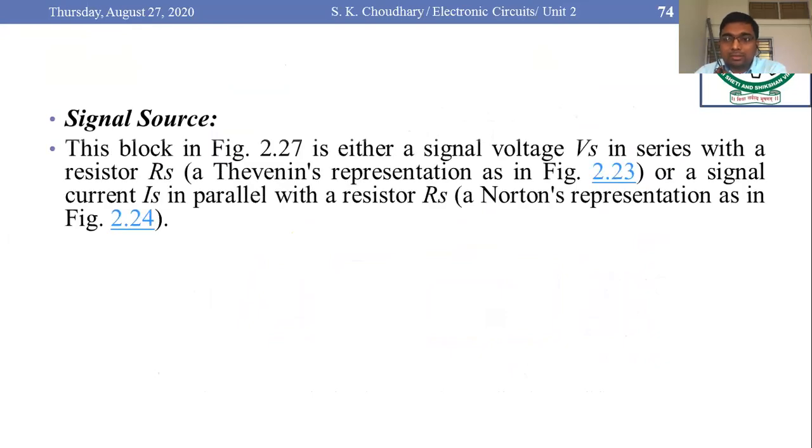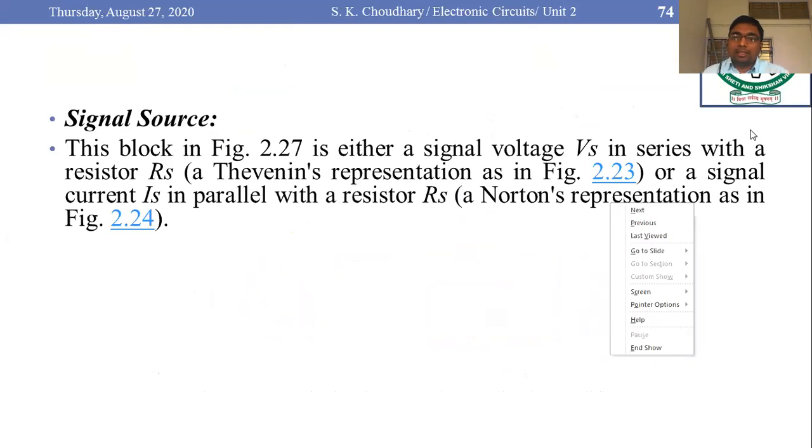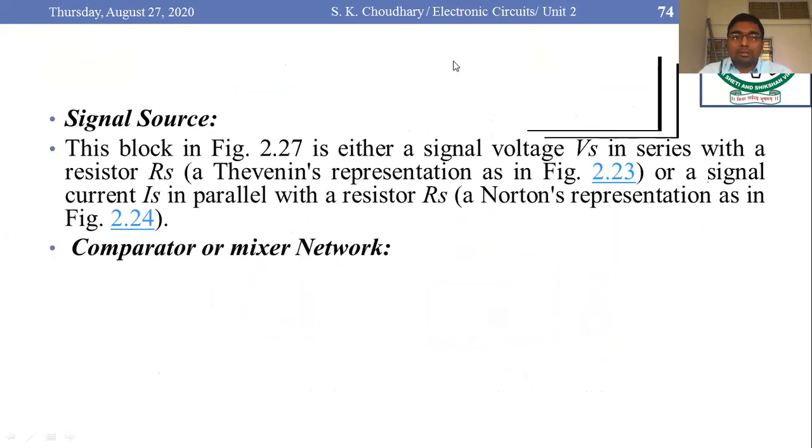First is the signal source. So what is actually used as a signal source in the feedback network? This signal source could be either a Vs, a voltage in series with the source resistor Rs, or a signal current Is in parallel with Rs. So Vs in series with Rs means Thevenin's representation.